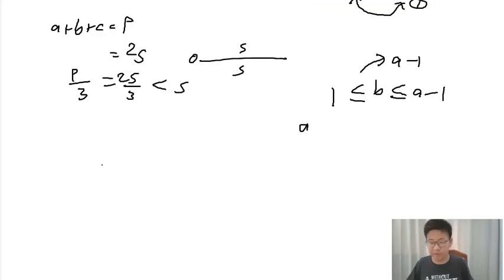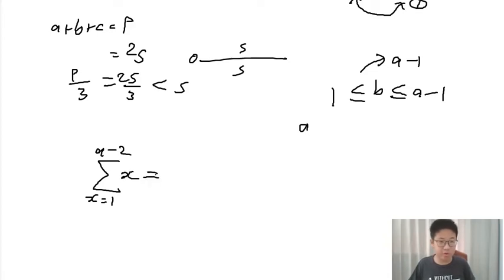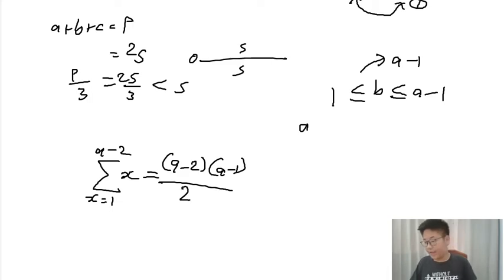We will use our sum of integers formula. So a minus 2 x equals 1. We are not going to prove this, but it's (a minus 2)(a minus 1) over 2. There, we have got f2a.